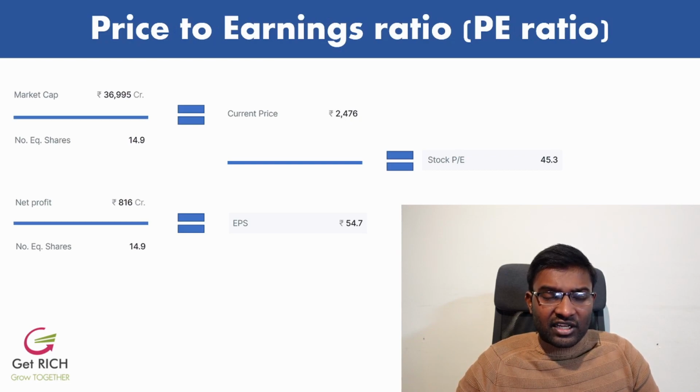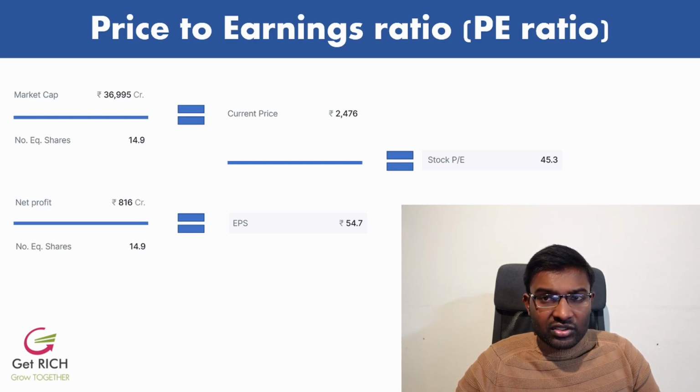Price to earnings ratio is the single most important ratio a lot of analysts and stock market people look at. If you have to do a quick scan of a stock to see whether it's overvalued, undervalued, or what its current status is, you just look at the PE ratio and compare that with growth.